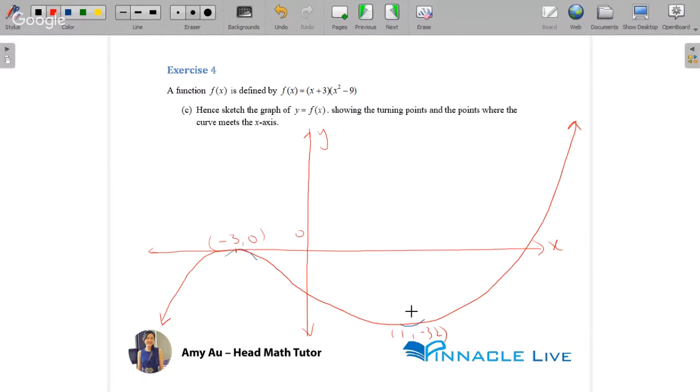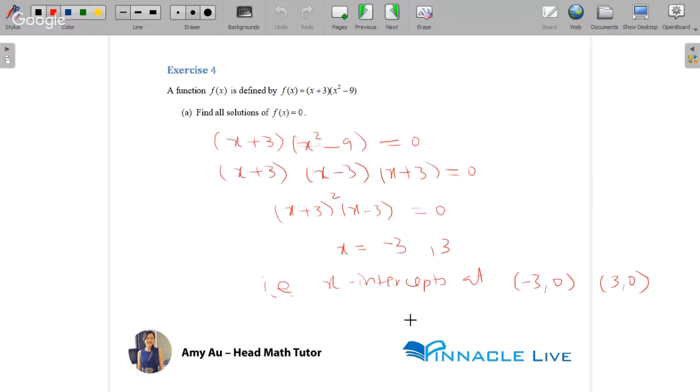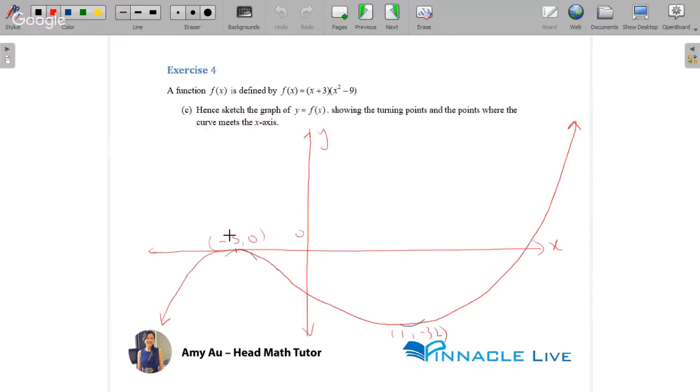So in terms of the intercepts, right in the first part, let's go back. The first part, we found the x-intercepts. There's one at -3 and there's one at 3. So let's go back to the graph. So one at -3 and the other one at 3. So let's label that.